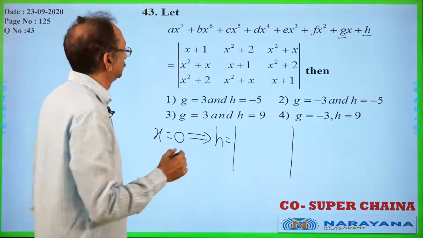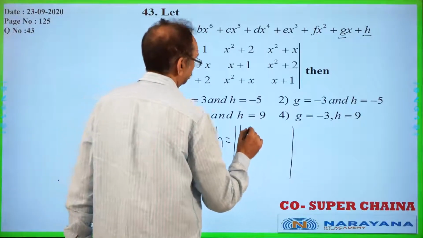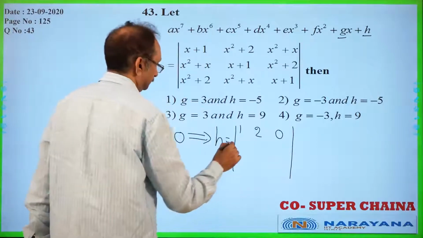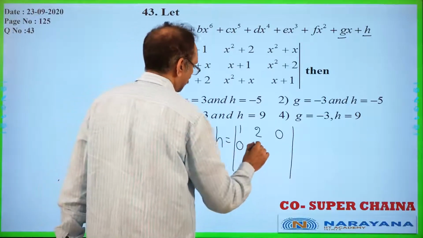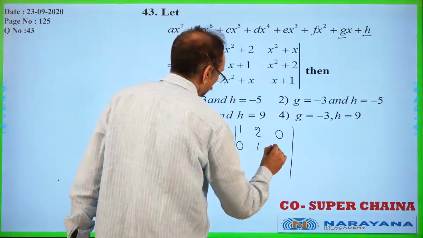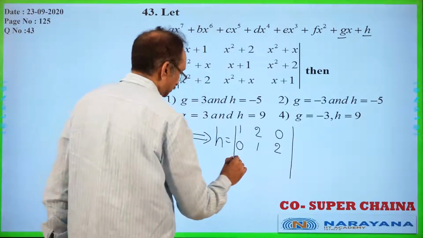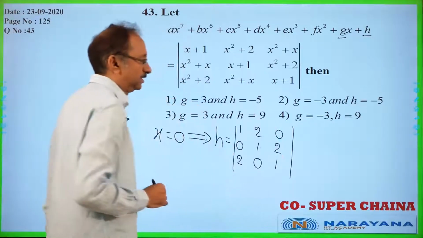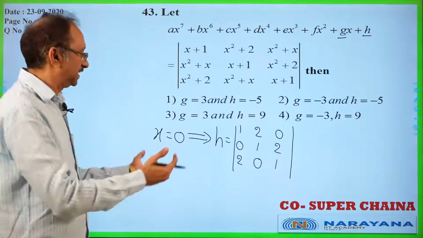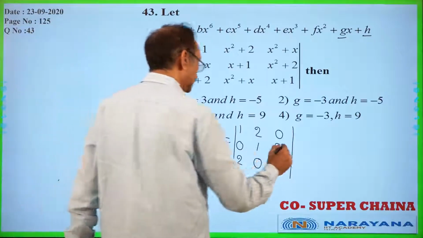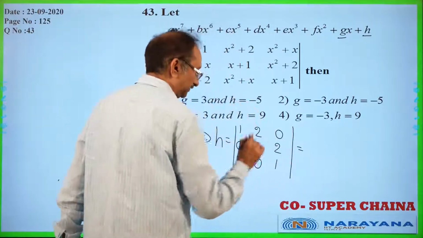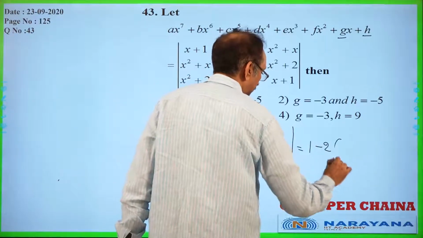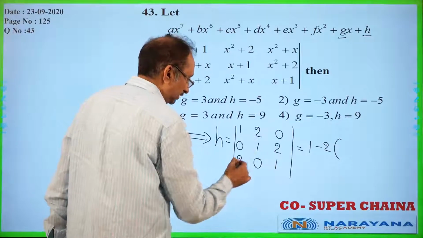Substitute x is equal to 0 here: 1, 2, 0, 0, 1, 2, and 2, 0, 1. So this is h. If you expand that, you will get the value of h. Expand along the first row: 1 into (1 minus 0), minus 2 into 0, minus 4.